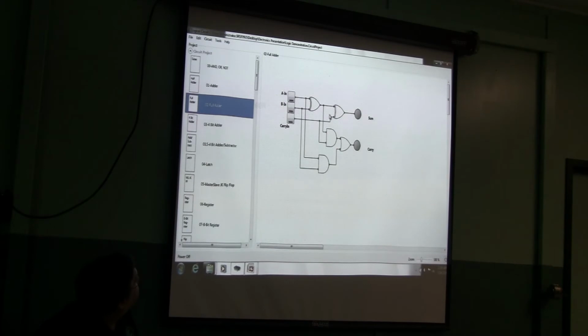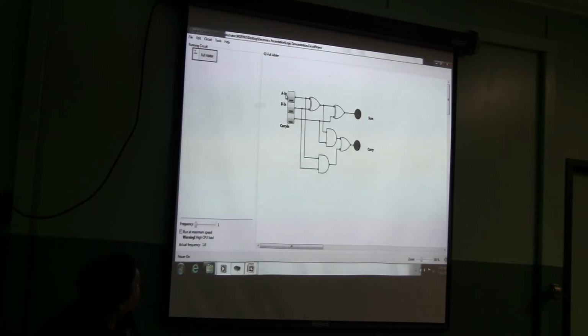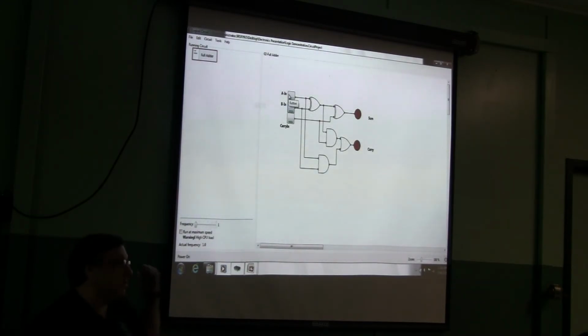This is accounting for carry in and a carry out. So 1 plus 0 with a carry in would be 0 with a carry, so there's a 2. 1 plus 1 plus 1, so adding 2 digits, we also have a carry from the previous digit.